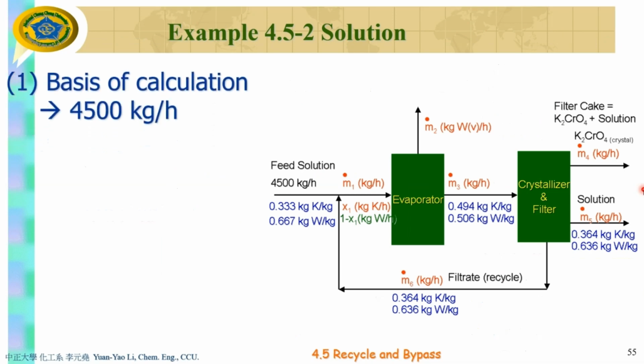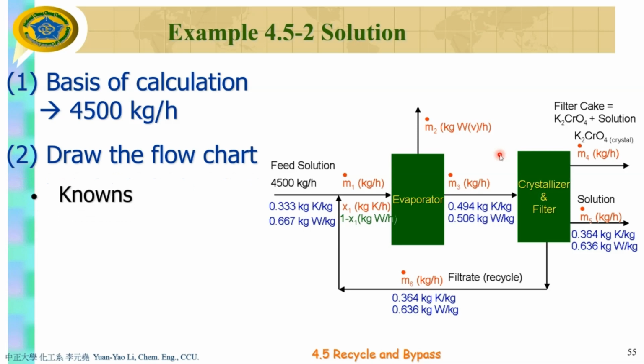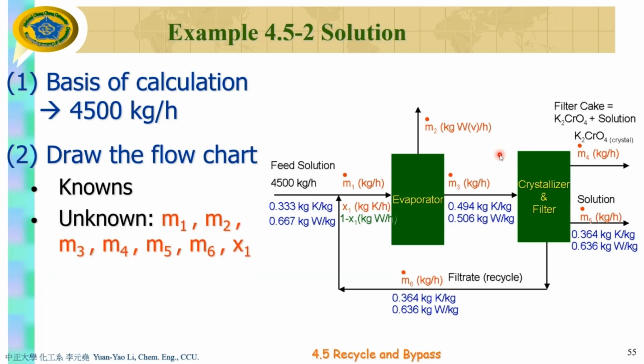So the basis of the calculation is 4,500 kilograms per hour. We drew the flowchart, we marked the knowns, and we labeled the unknowns. There are how many unknowns here? 1, 2, 3, 4, 5, 6, 7.